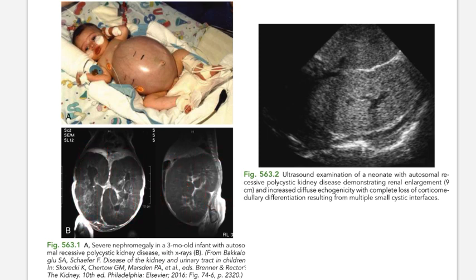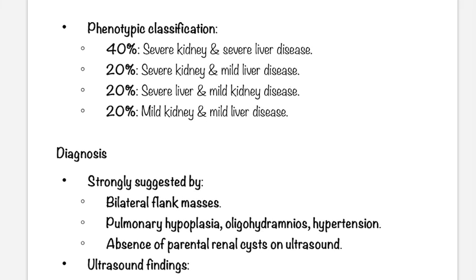When we do USG of this, you are able to see small cysts and loss of corticomedullary differentiation. Again, the presenting feature is massive nephromegaly, and on USG, small cysts with loss of corticomedullary differentiation. This is the hallmark of autosomal recessive polycystic kidney disease.